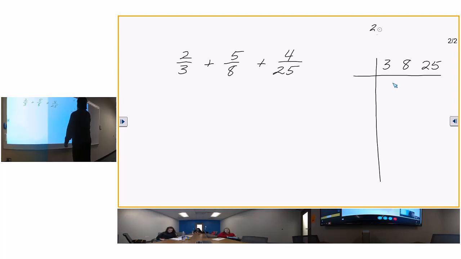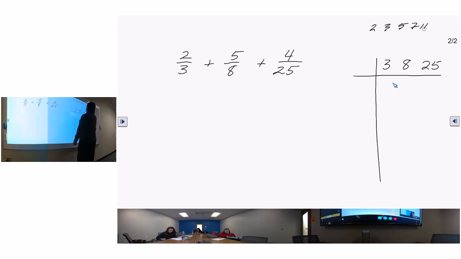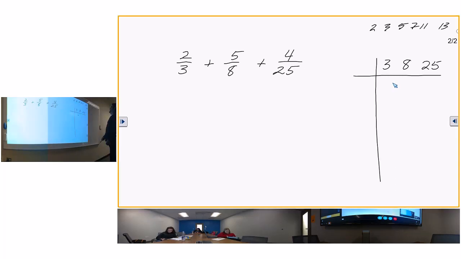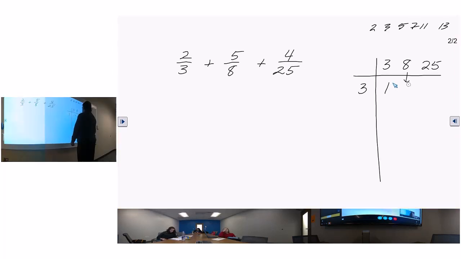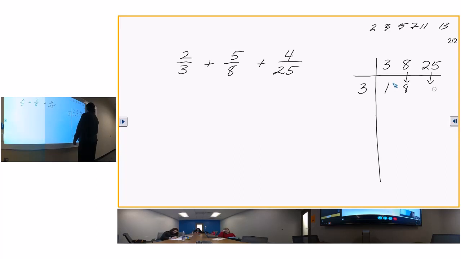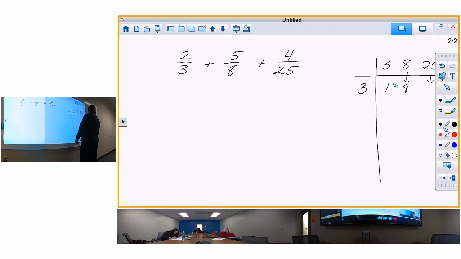Okay, 2, 3, 5, 7, 11, and sometimes what? 13. 3 will go into 3, but it won't go into 8, so you just bring that down. And you bring that down. So that's going to be 1. Sorry.